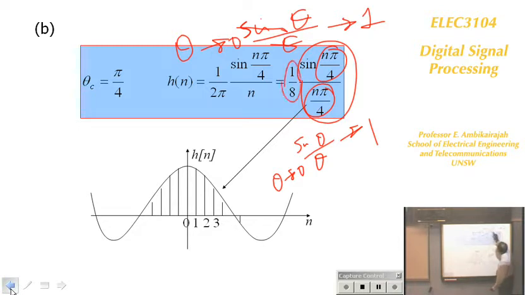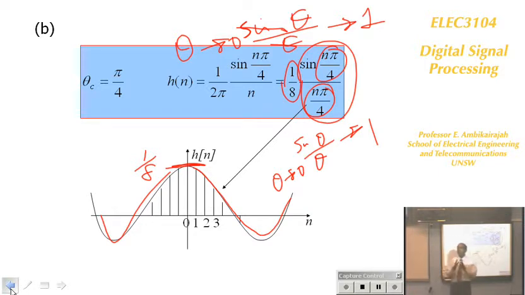So the magnitude is going to be 1 over 8. Then you substitute 1, you substitute 3, and plug them in. They look like that. So that's the equation for the ideal low pass response.